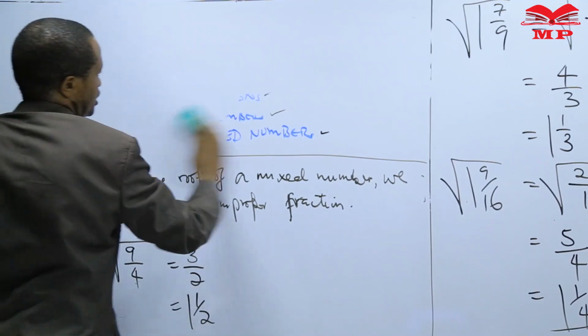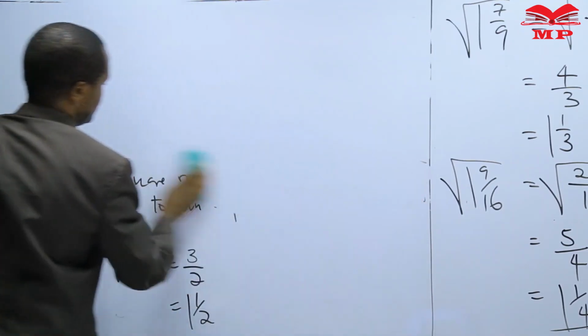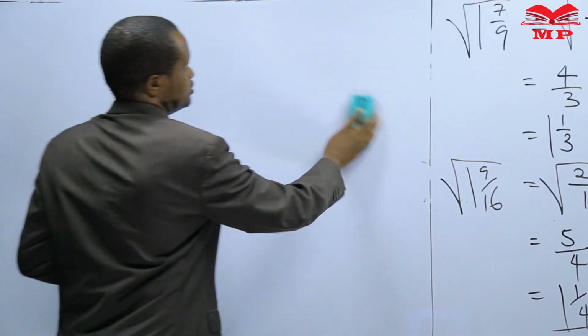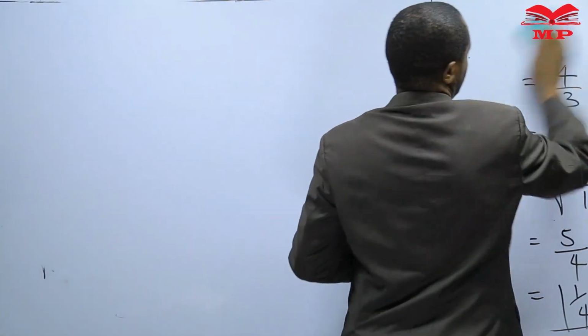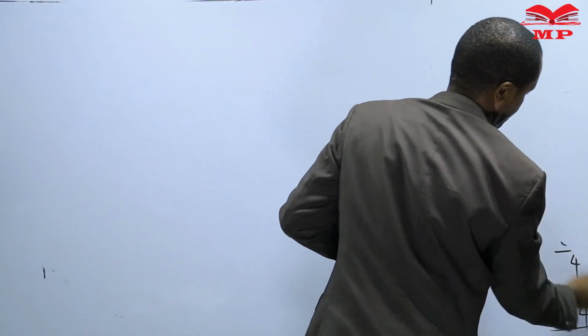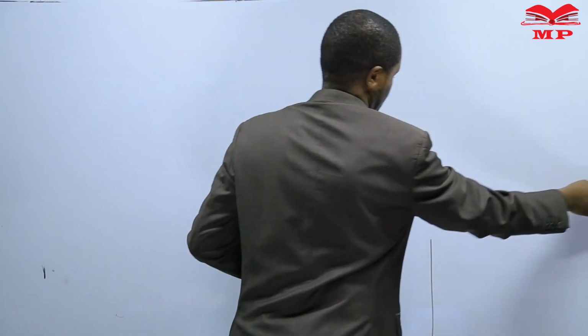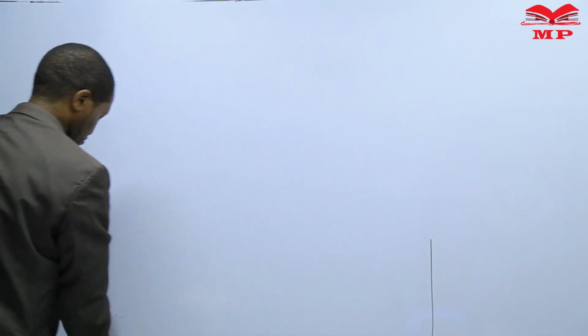So that marks the end of our lesson, and as it is our custom, you will have some homework to do from the pupil's book. We have done some of the questions from your book. You will go and do the rest. We have done exercise 21.